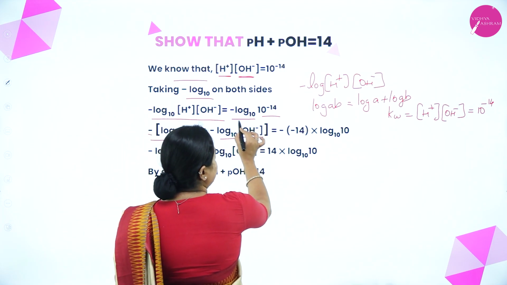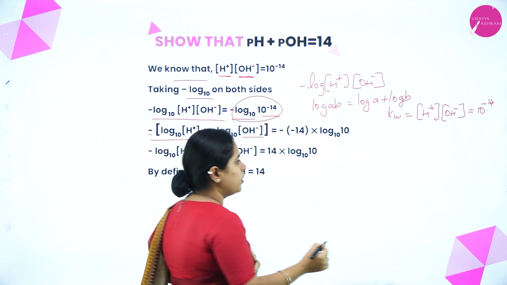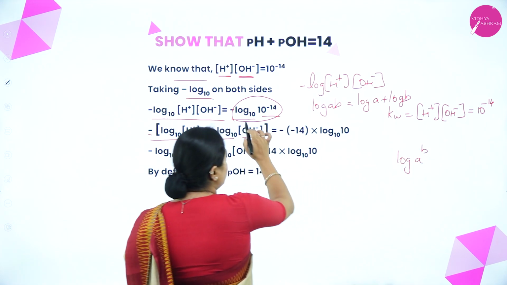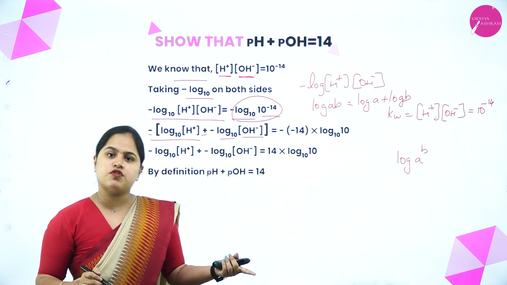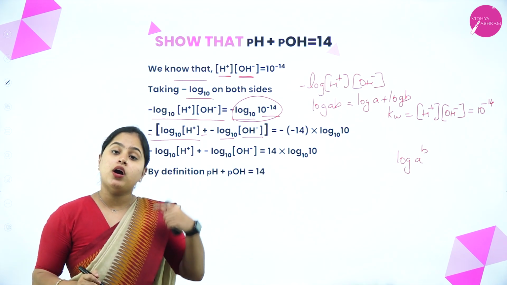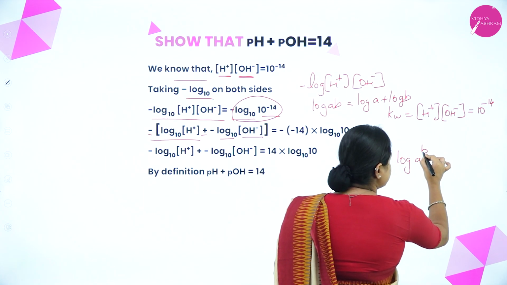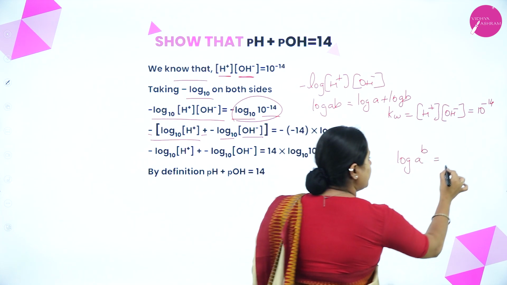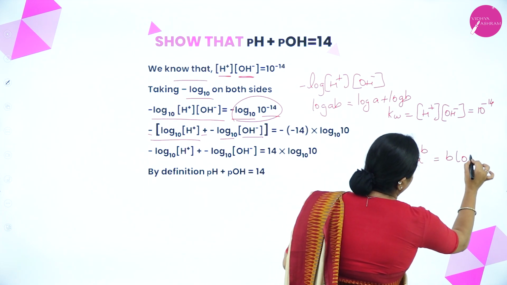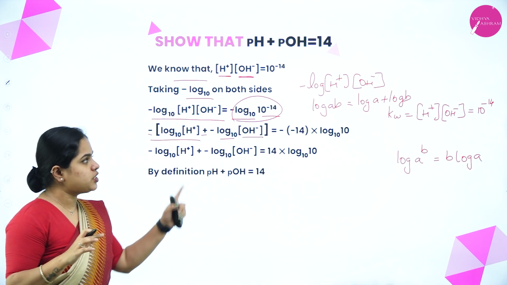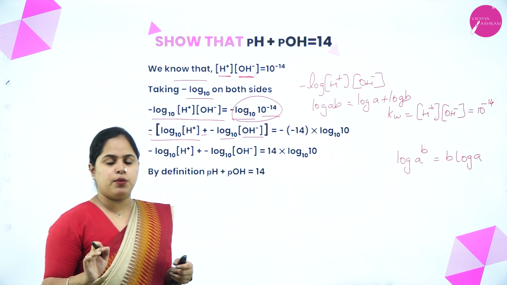Now on this side, this part, it is in which form? It is log A to the power B. It is log 10 to the power minus 14, right? So it is in the form log A to the power B, which is equal to, whatever is in the power will be written here, and log A. It is in the format B log A. So these two log equations are very important.